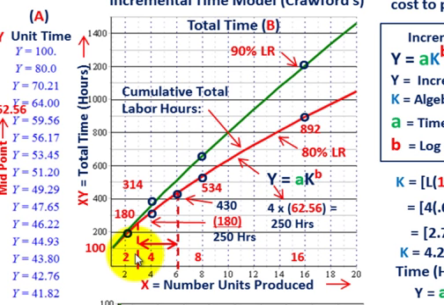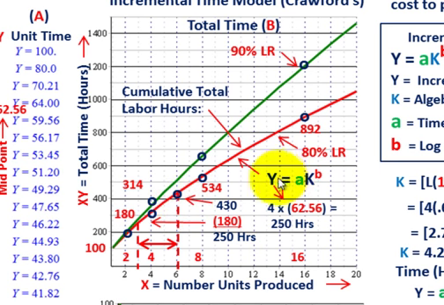So we started with the third unit, and we have to calculate our cost up to our 6th unit. So we're working from the 3rd unit to the 6th unit. Starting with our 2nd unit, if we do the arithmetic, it took 180 hours. The first unit was 100 hours using this incremental time.